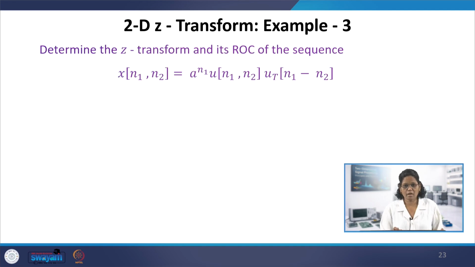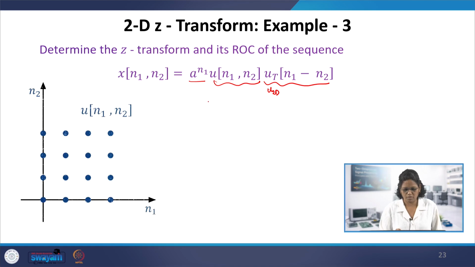Now coming to example 3, where x of n1 comma n2 is a power n1, u of n1 comma n2, u of n1 minus n2. So this can be a 2D u of n1 minus n2 also. First we'll plot this sequence and then we'll take care of the a power n1 as well.